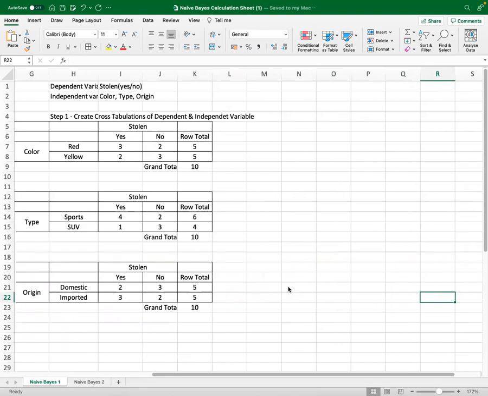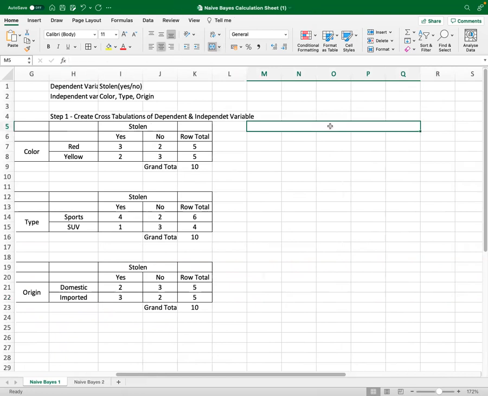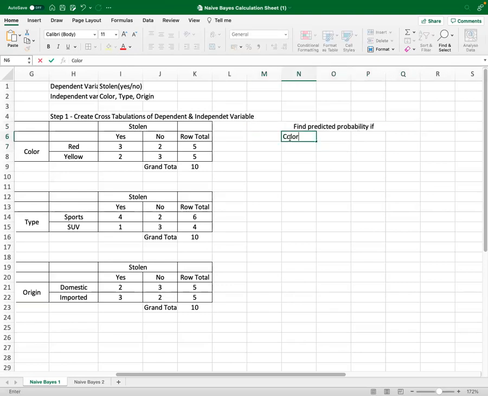Now, the question is, find the predicted probability if the color of the car is red, if the type is SUV, and if the origin is domestic, whether the car will be stolen or not.